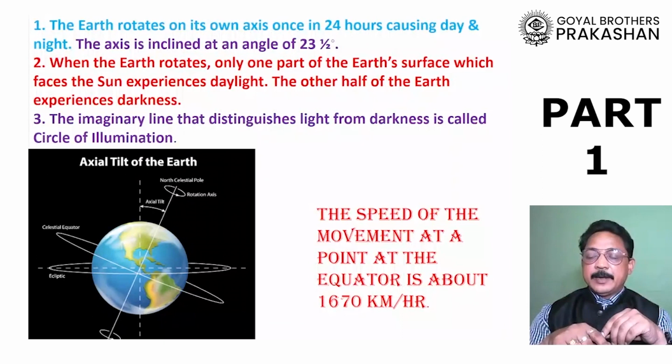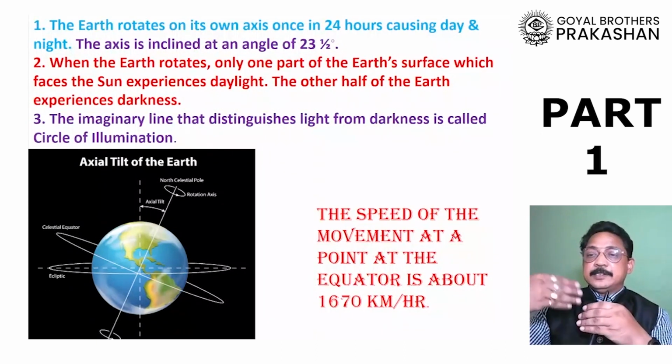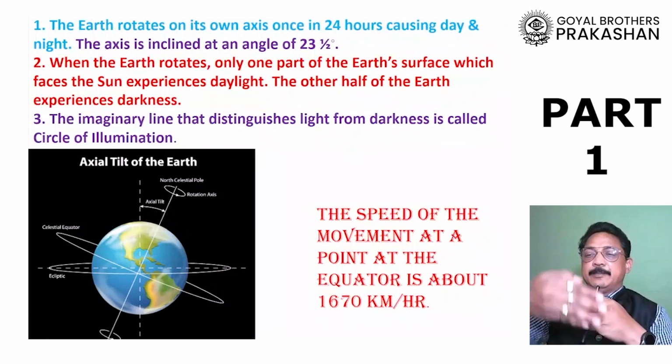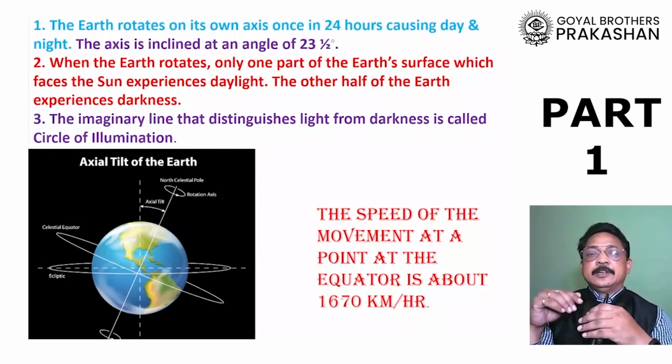But right now we have to remember that on most parts of the earth, I repeat, on most parts of the earth, the part which is towards the sun has day, and the part which is opposite to the sun has night.